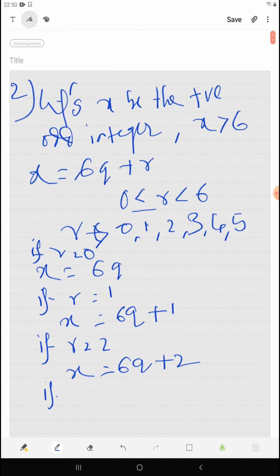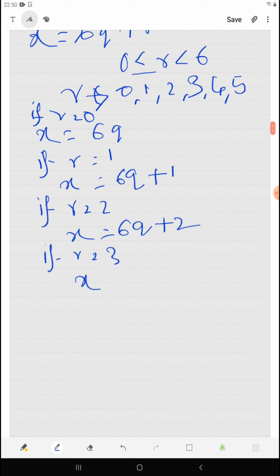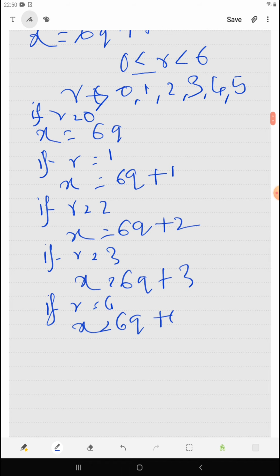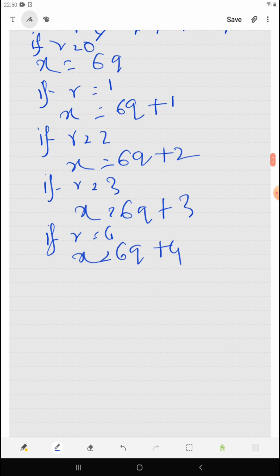If r equals 3, then x equals 6q plus 3. If r equals 4, then x equals 6q plus 4. If r equals 5, then x equals 6q plus 5. Okay, there is no more values because r is between 0 and 5. Now, let's check.